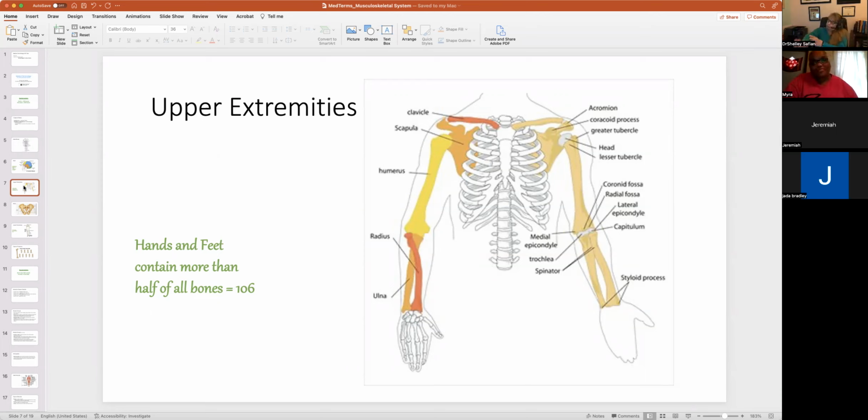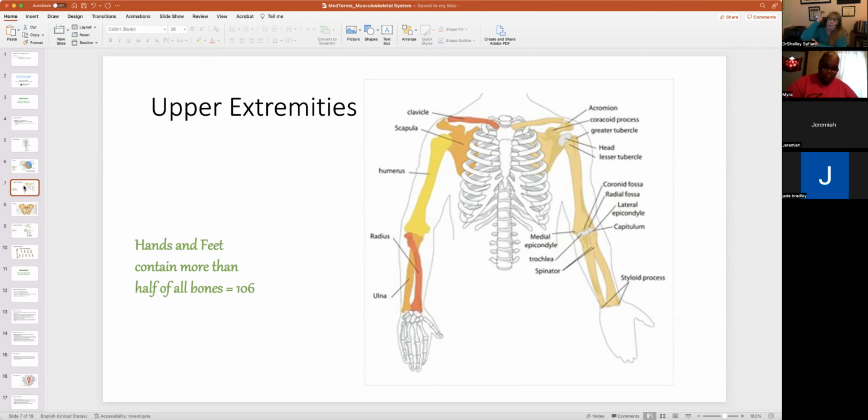All right, then between the elbow and the wrist, you have two bones, the radius and the ulna. Now, one thing you will notice when we get to the lower extremities is the structure of the bones in the arm is very similar to the structure of the bones in the leg. By that, I mean one long bone from the connection to the torso and then to the joint.